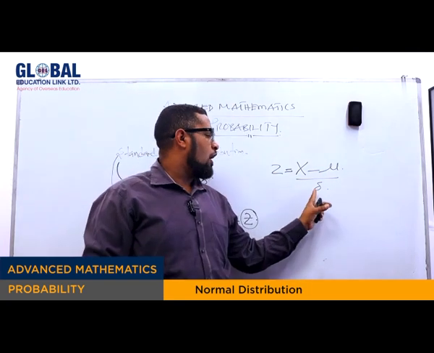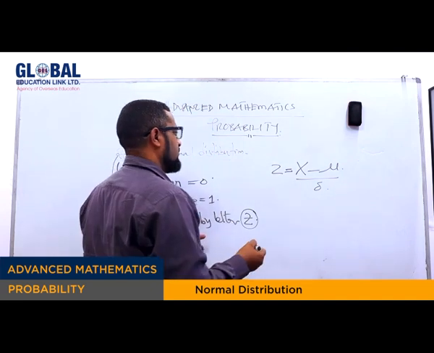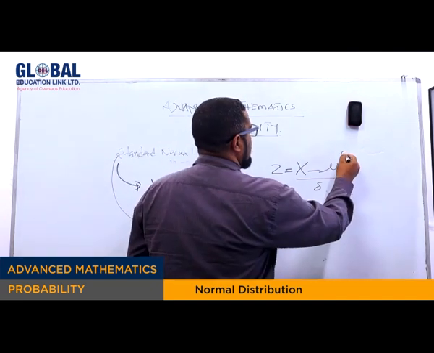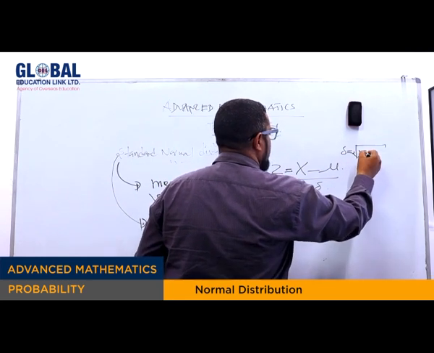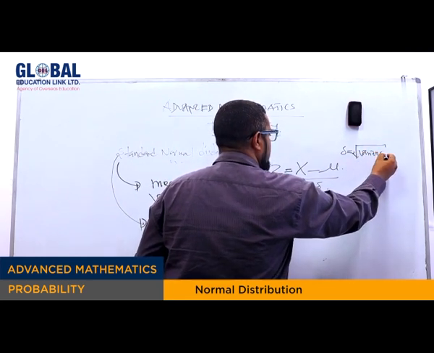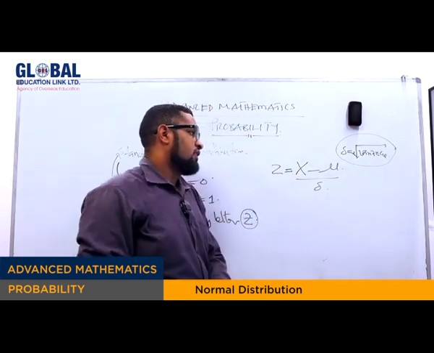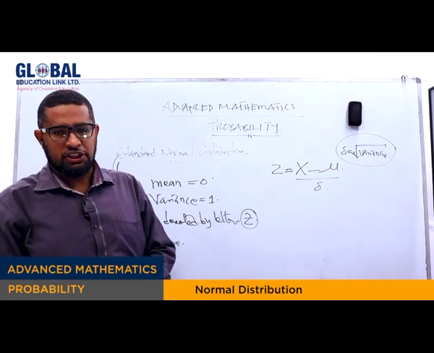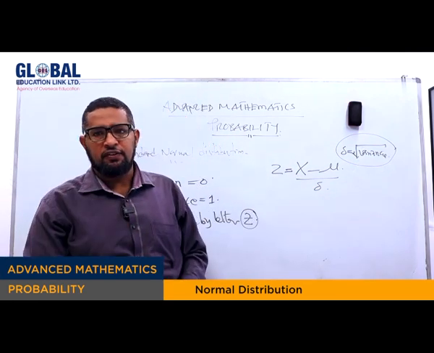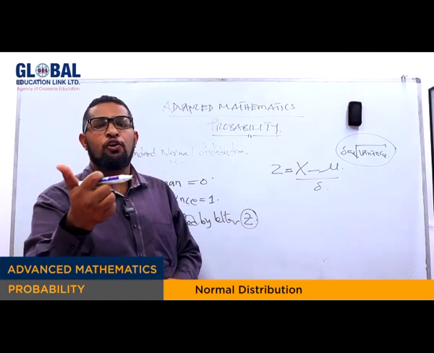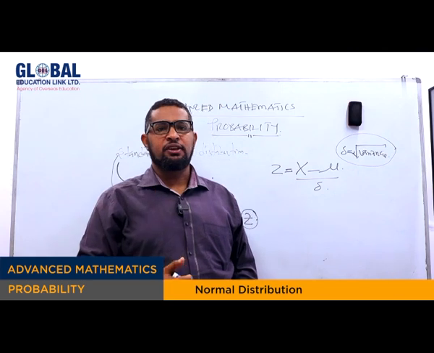Hope you remember how we find the standard deviation. Just to remind you, the standard deviation is the same as taking the root of the variance. In this formula, x is the given variable or the raw mark, and mu is the mean.